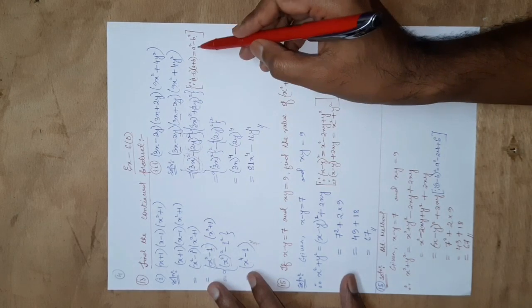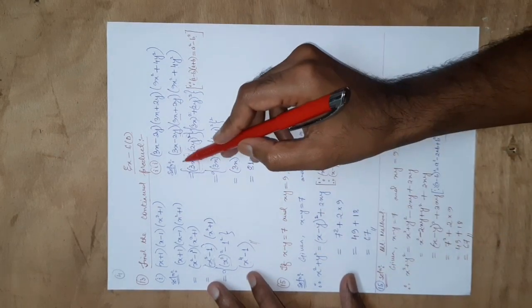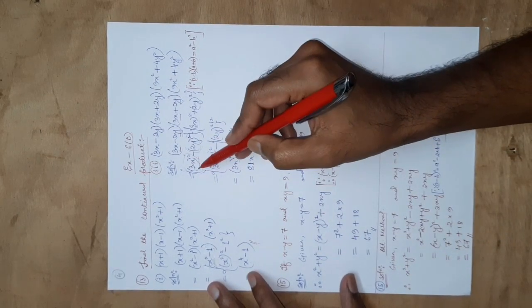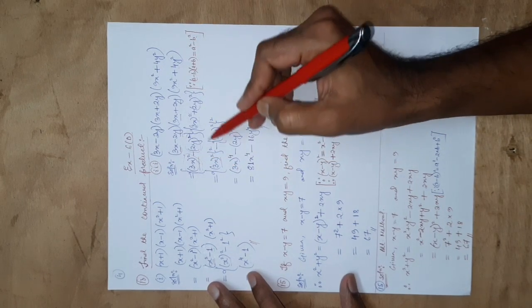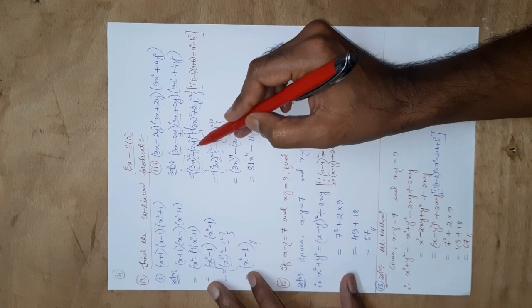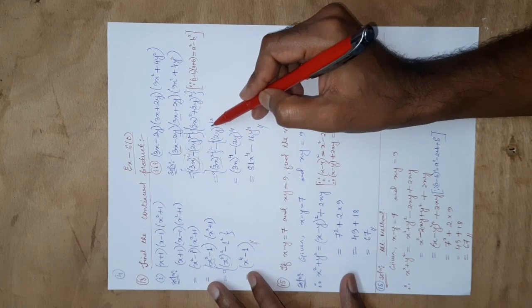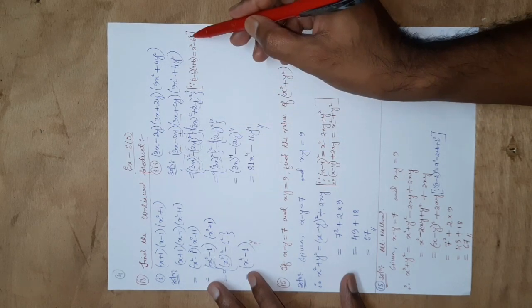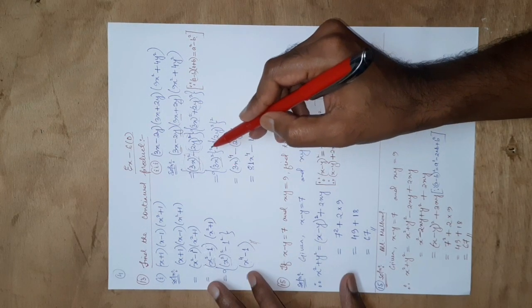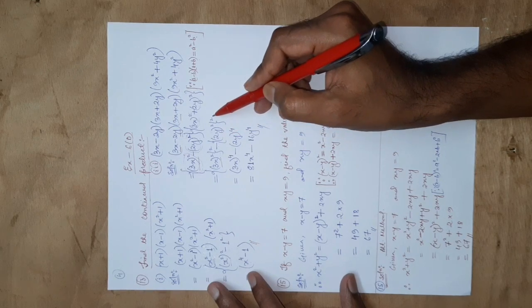Again you can write this in a square minus b square form. So this whole is a, that is (3x) whole square, a square, minus b, which is (2y) whole square, so a square minus b square.